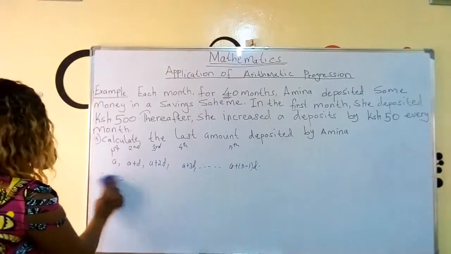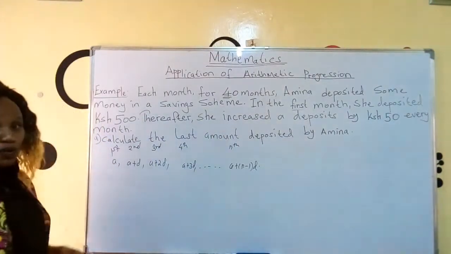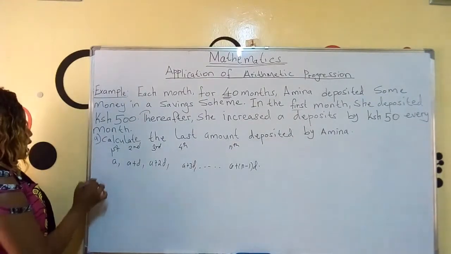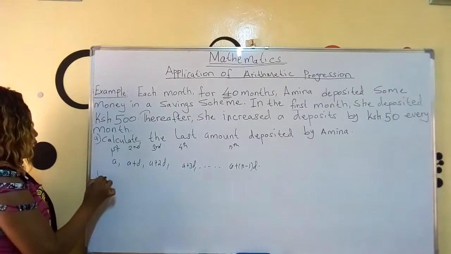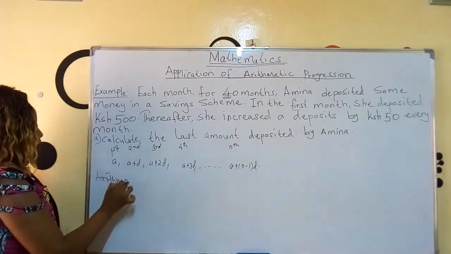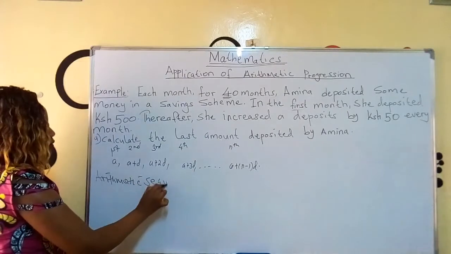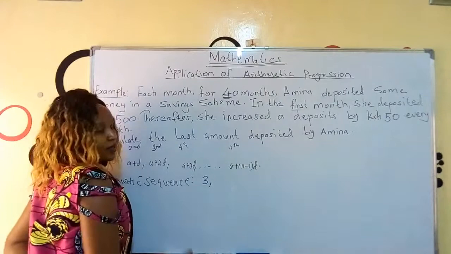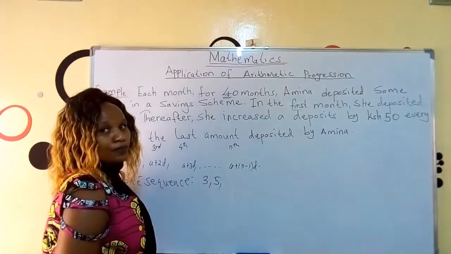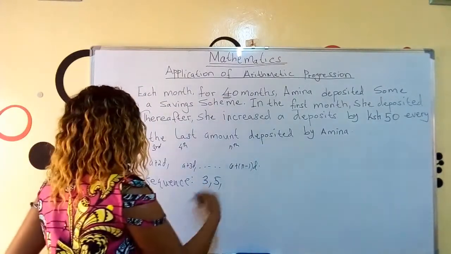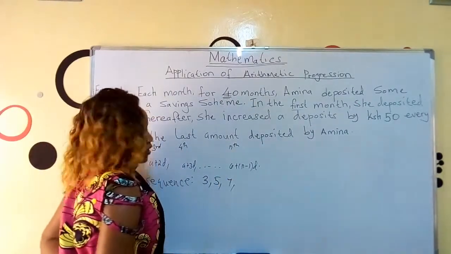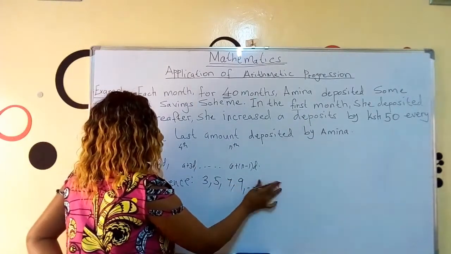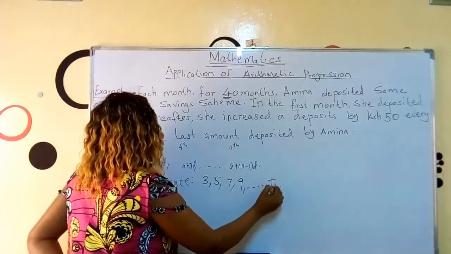Maybe it is good to have an example of a sequence. Assuming that we have an arithmetic sequence like this one, let's try to understand. The first term is 3, the second term is 5, the third term is 7, the fourth term is 9, all the way to the last term.